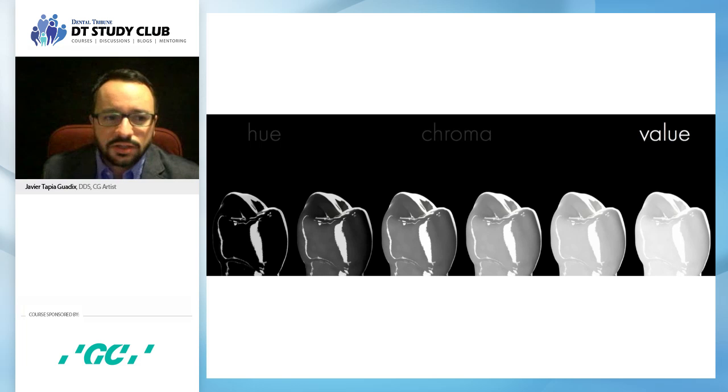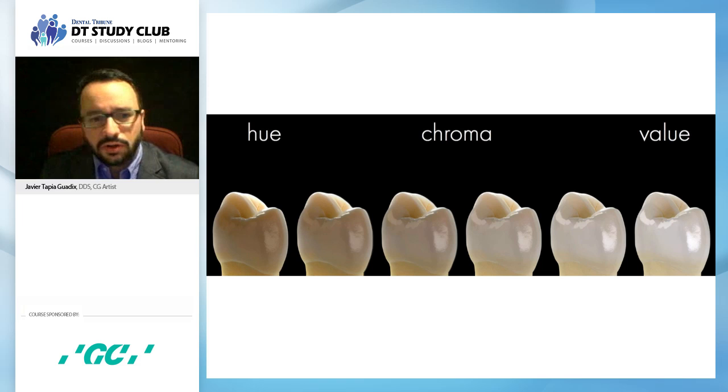If it's not going to reflect a lot of light, because probably it's very transparent, then it's going to be darker. It's going to tend to a black color. So this gradient from dark to bright is what value is. So of course, mainly in the tooth, when we change translucency, we will have a change in value. So all these three parameters together give us the color.